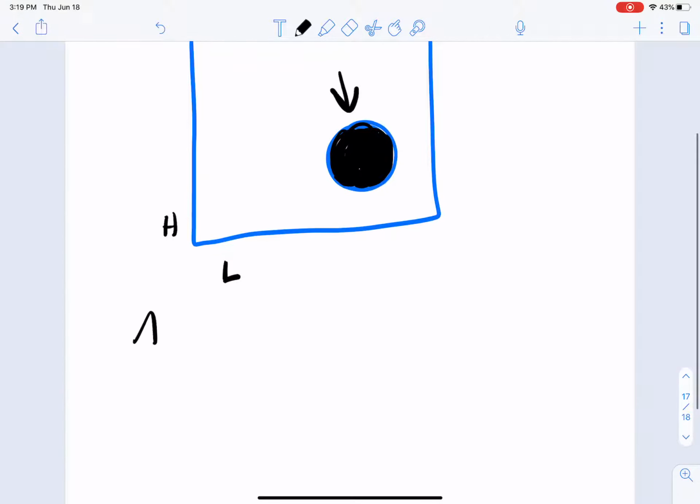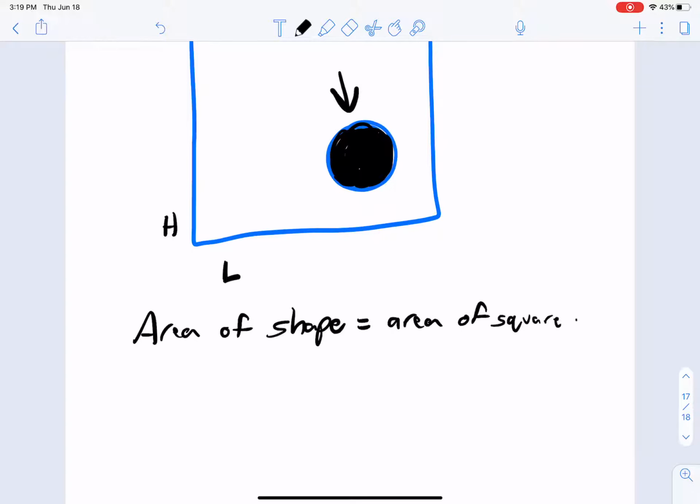So the area of this shape is the area of the square minus the area of the circle.